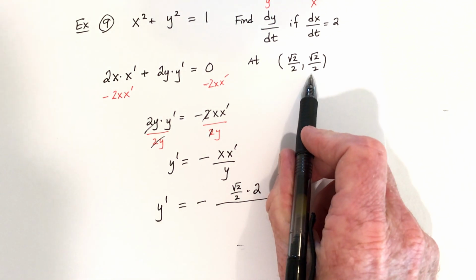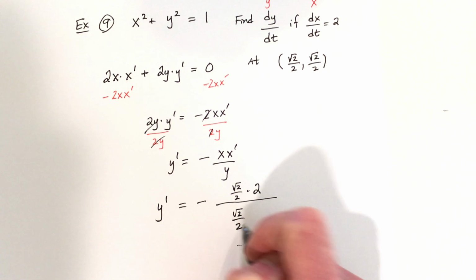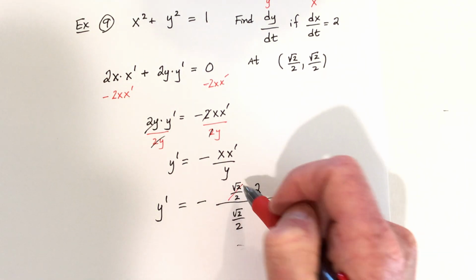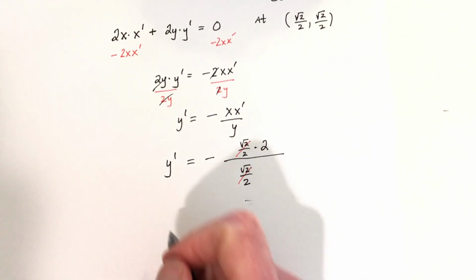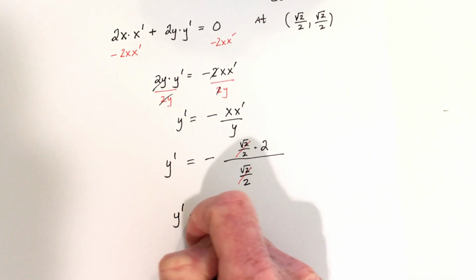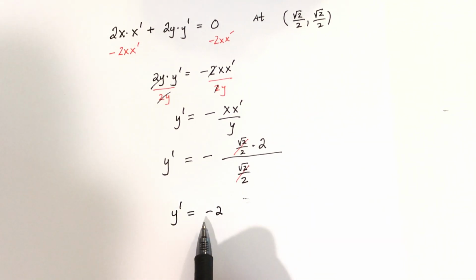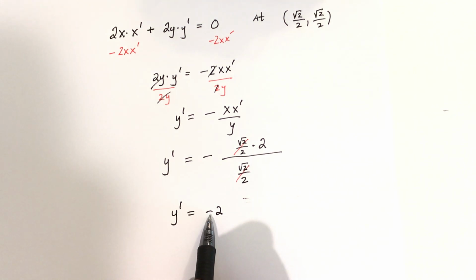And then the y value goes on the bottom. And then because these two things are the same on the top and the bottom of a fraction, they actually cancel each other out. And so y prime equals a negative 2. So the y direction means either up or down. So this means it's going down.